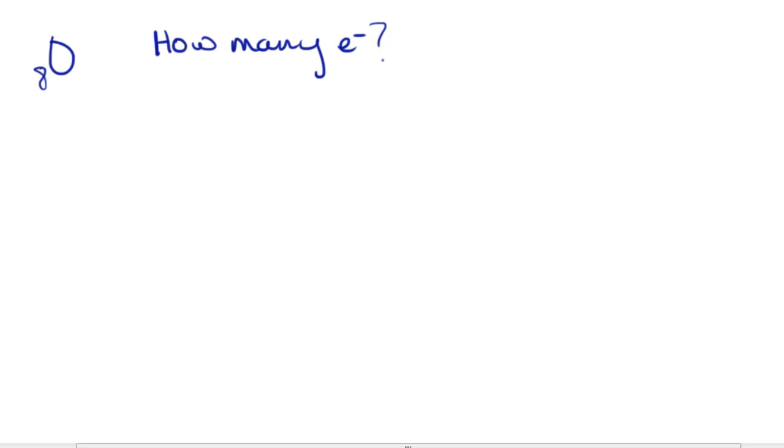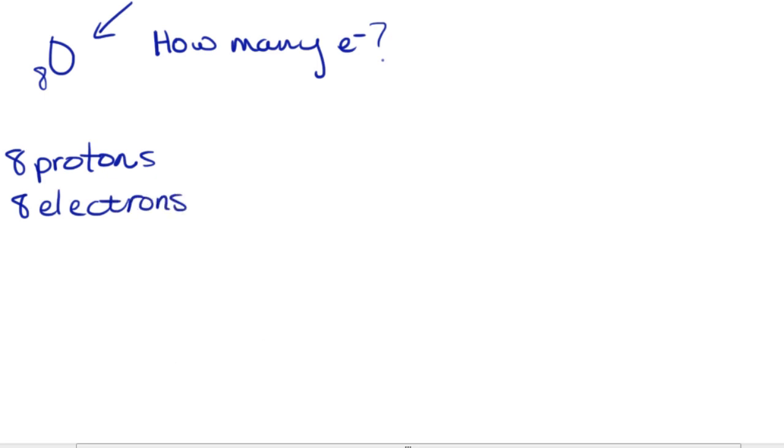In this example, notice that there is no charge being shown right here as a superscript, so that tells us that we are dealing with a neutral oxygen atom. Since this is neutral, if we have 8 protons, then we must also have 8 electrons. That's the only combination that would give us that neutral charge. So we are going to draw the electron configuration using 8 total electrons.